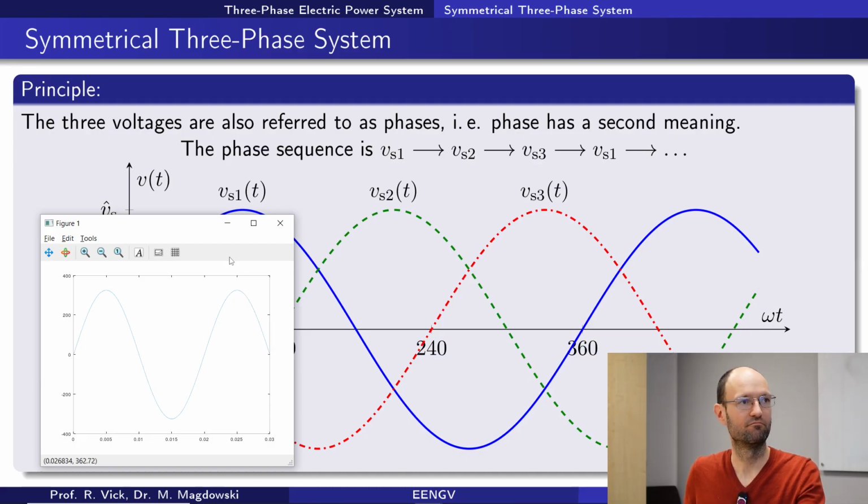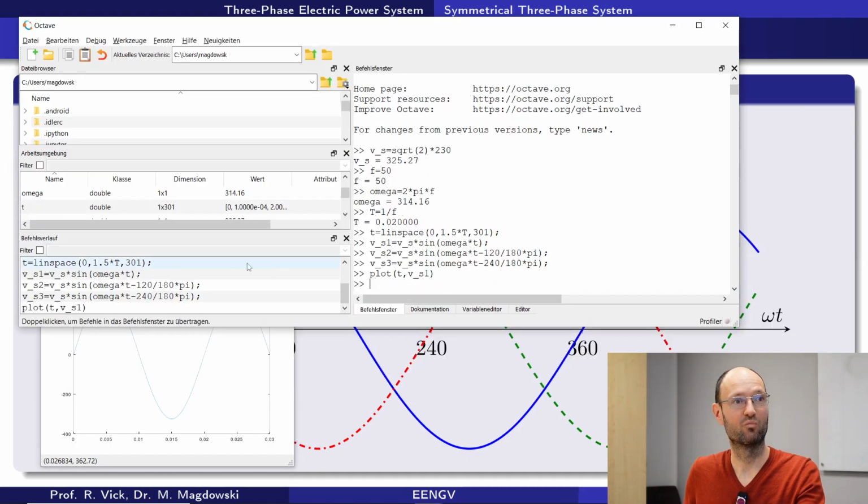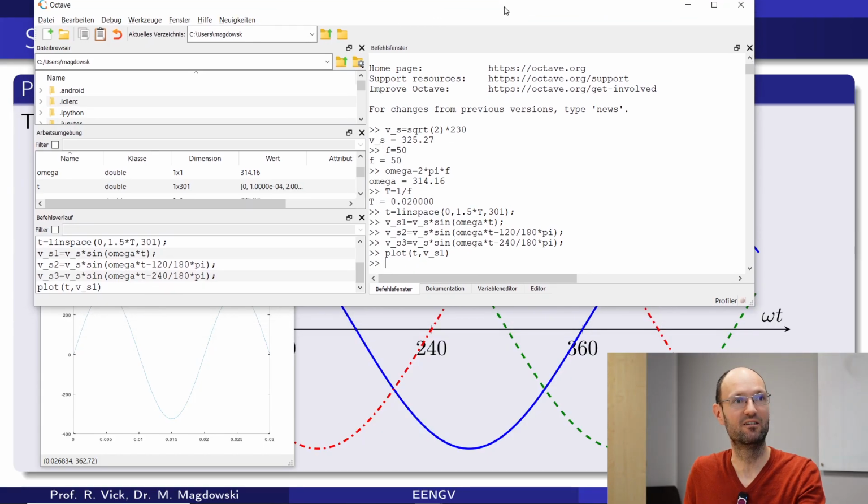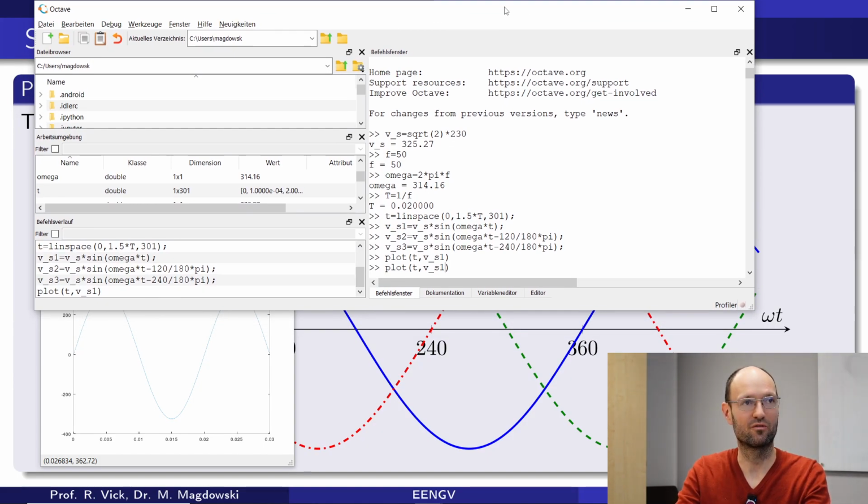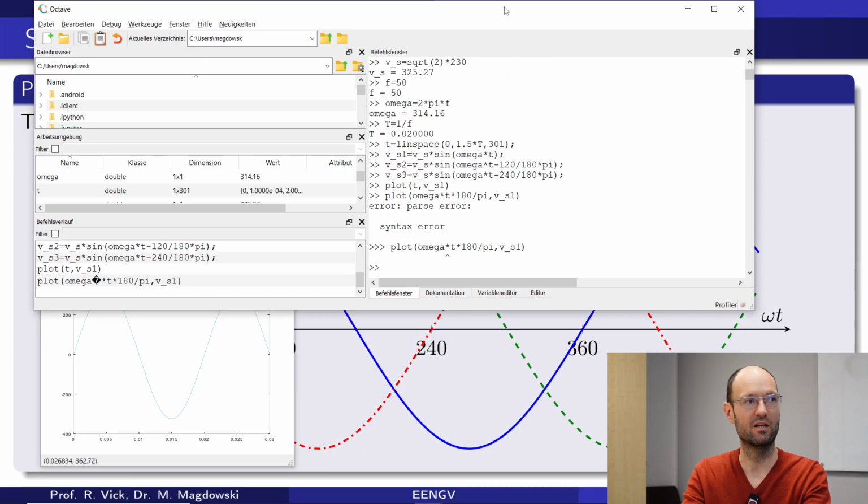If I would like to have the same scaling here, I could of course also take omega times t. This would be in radians. So if I take this, multiply with 180, divide by pi, then I should get it in degrees. So we can check. Oops, and this does not work. Why does it not work?